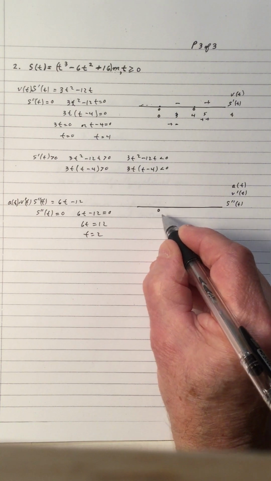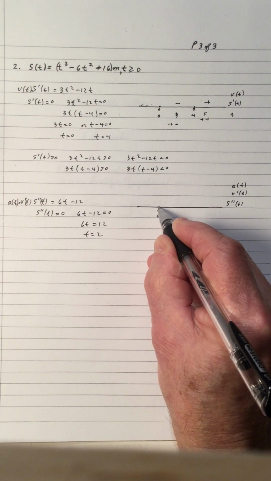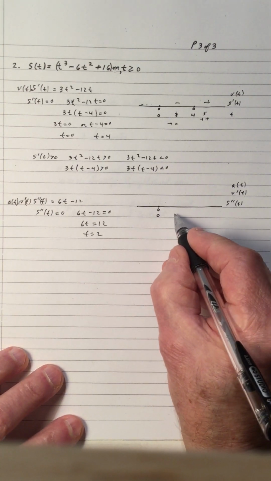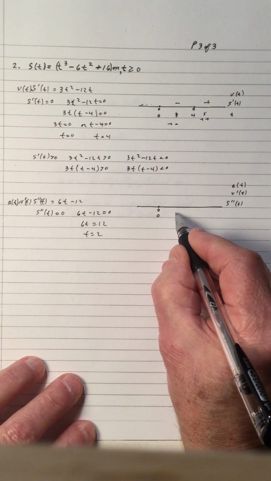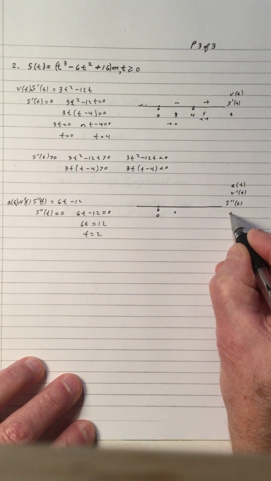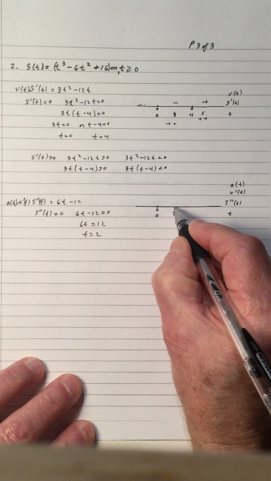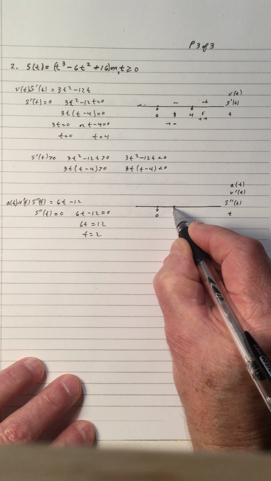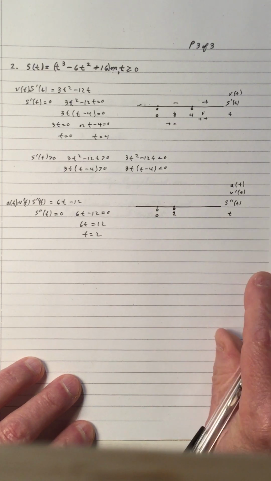At 0 seconds we have no acceleration, and at 2 seconds, we put 2 in here. So this is time. So we're putting 2 in, which means the acceleration is 0 at 2 seconds.